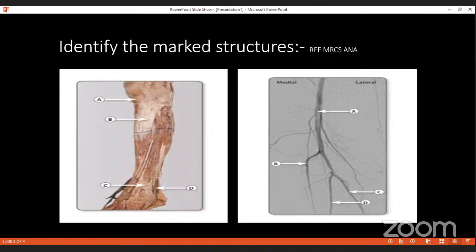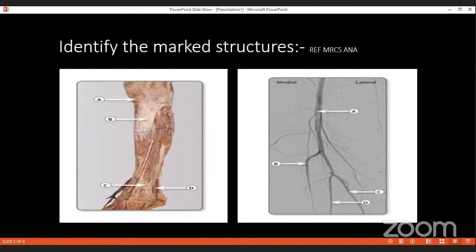What is the terminal branch of artery C? How does this artery end? The posterior tibial artery ends as the medial plantar and lateral plantar arteries. So what would be the origin of the dorsalis pedis artery? It is the continuation of the anterior tibial artery.